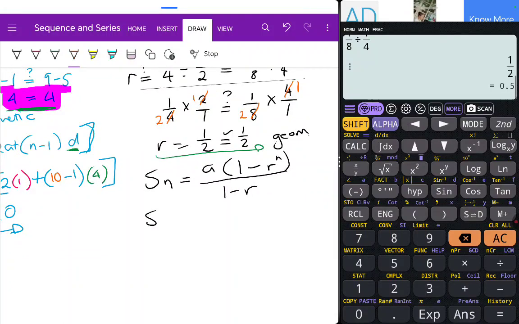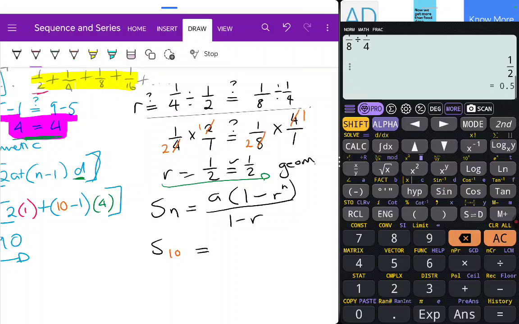The S of 10 is equal to an A of a half, bracket 1 minus R, which is a half, in brackets, to the power of n, which is 10, close that bracket, divided by 1 minus a half.